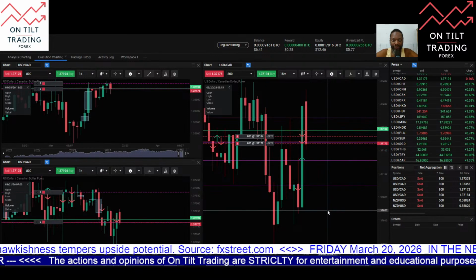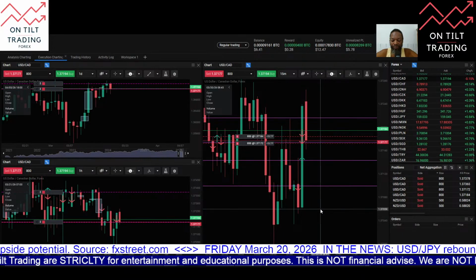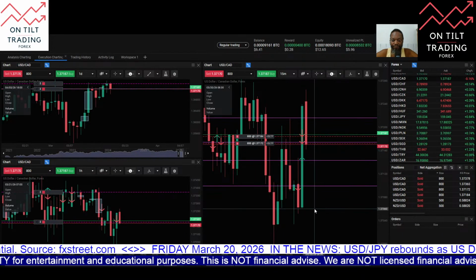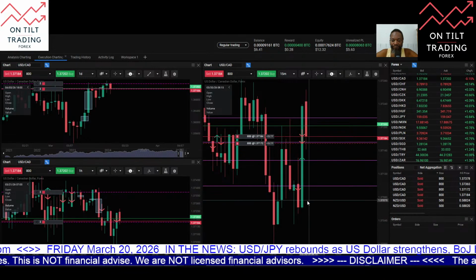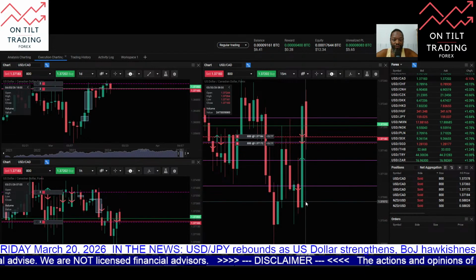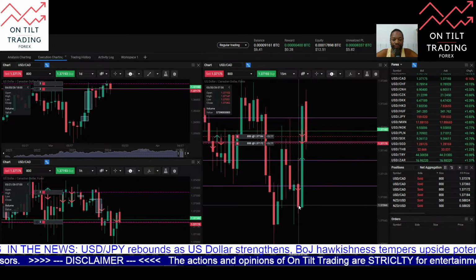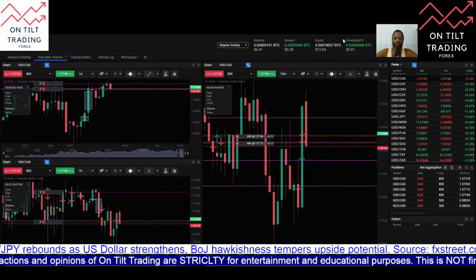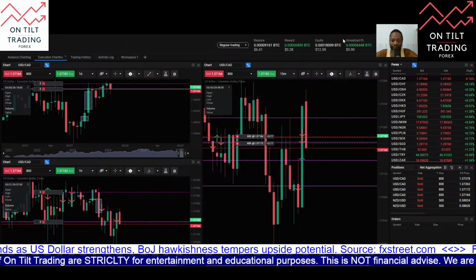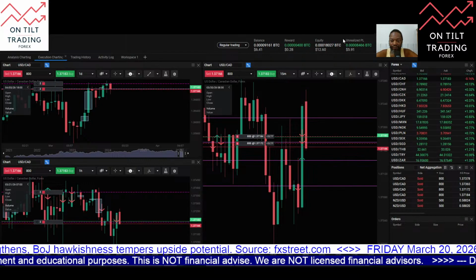You can see price currently now trading at my 2 entry points here. The low of this candle, 137.161. The high of this candle, 137.51. Further sell side delivery.